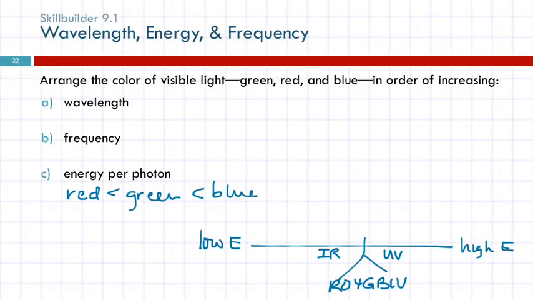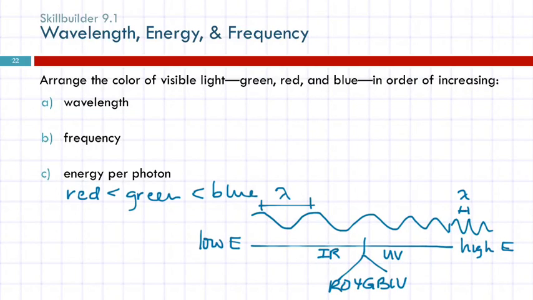Now if I also need wavelength and frequency, then I'm going to draw my little wavy picture. It doesn't need to be beautiful, just get the idea. So this high energy looking one, that's the short wavelength, right? And this is long wavelength.